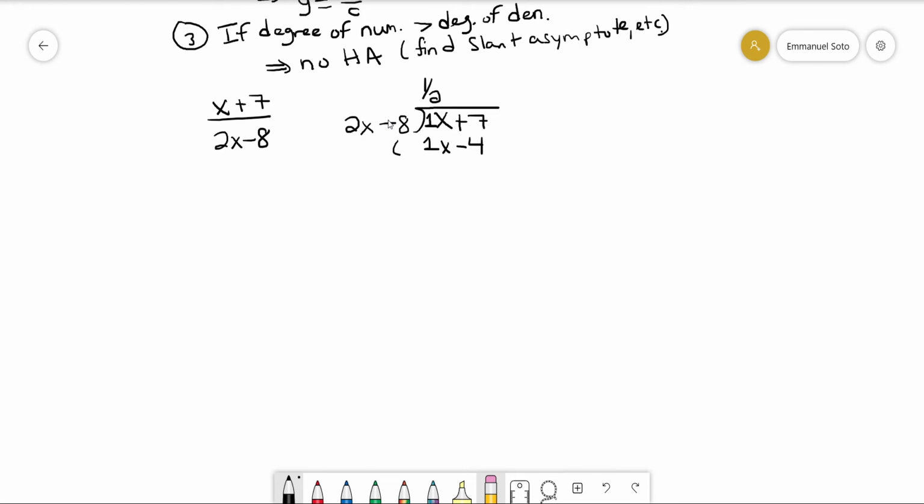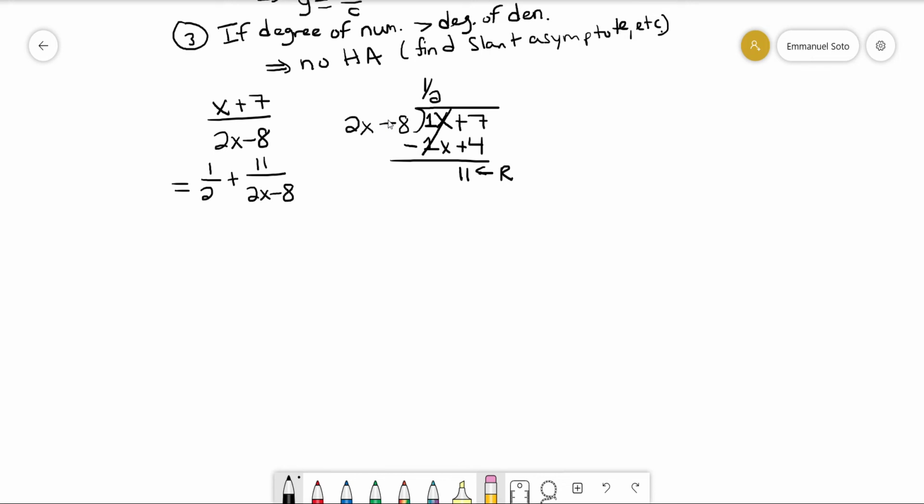So I'm going to flip this sign to negative, flip this sign to positive, and then do the result. So this is going to be 11. This is our remainder. Remember that you always put the remainder over the original denominator. So this becomes 1/2 plus 11 over 2x minus 8.